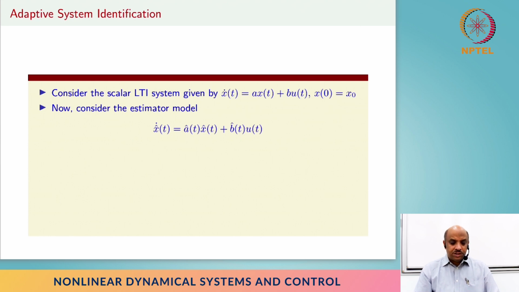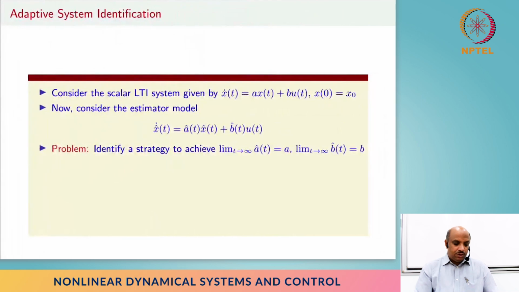So therefore, instead of trying desperately to find out a and b, we'll figure out a shortcut where we're going to come up with an estimator, where this estimator will provide the value of x of t, and hopefully on the way it will produce the values of a and b, but perhaps not, right?